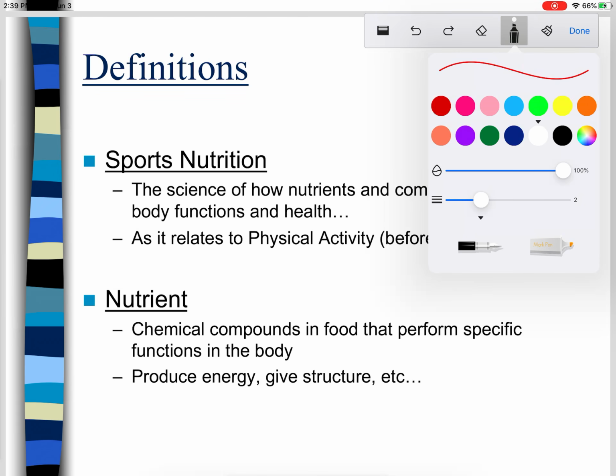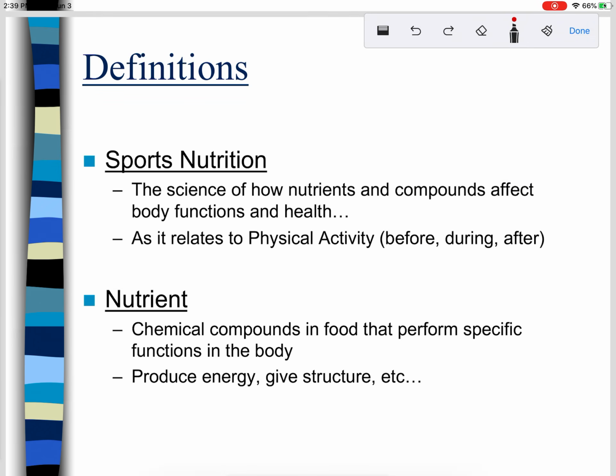All right, now what you're going to see is, let me pick a color, let's pick red. As we go through the material in every chapter, I will be circling, underlining, putting a star beside the most important information. One thing that I want you to be able to do is to know what you should focus on.